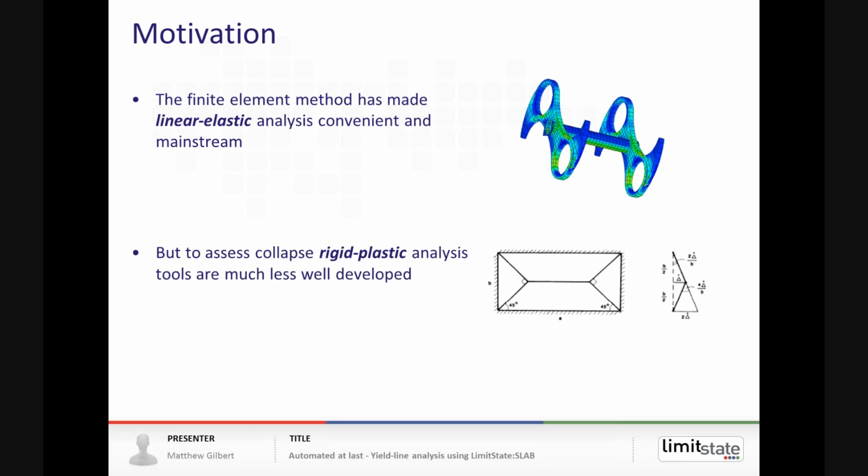So rigid plastic analysis tools, which are effectively the equivalent type of tool when it comes to looking at failure, are much less well developed. And for many years, engineers have had to put up with hand calculations or automated hand calculations.